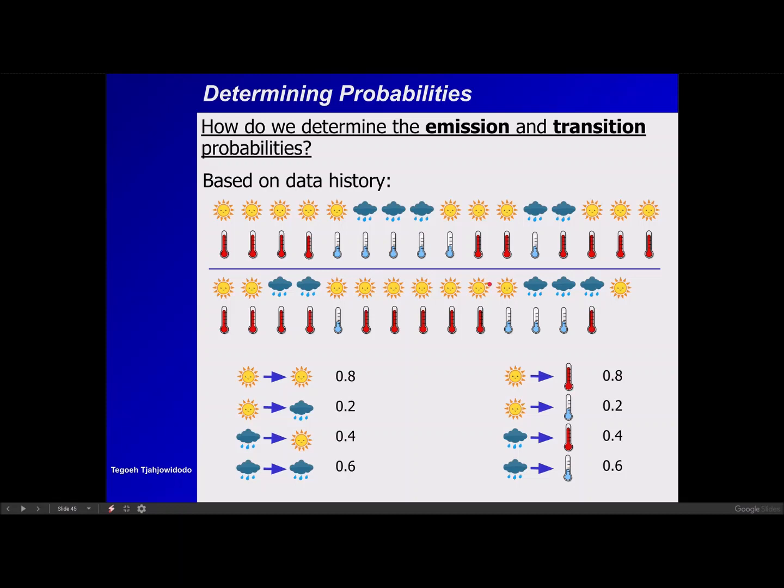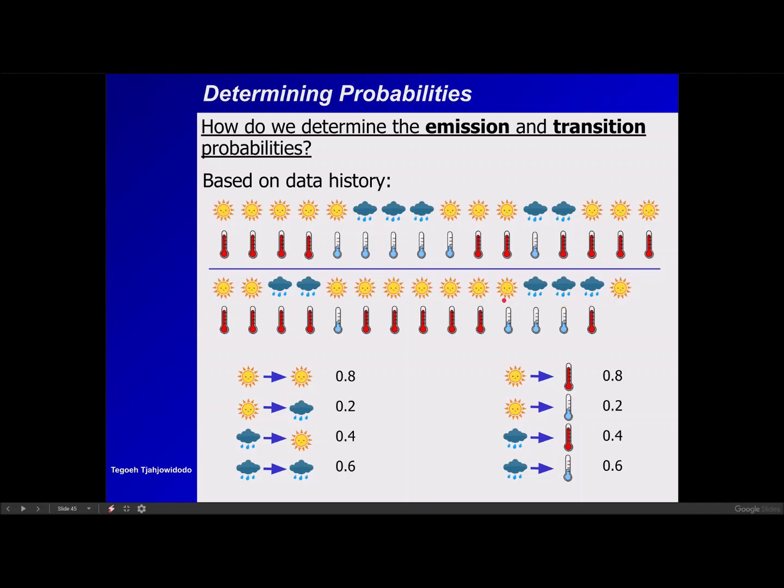And then how many sunny days? We have 1, 2, 3, up to 20. I don't count the last one because the last one is just to make the transition complete.